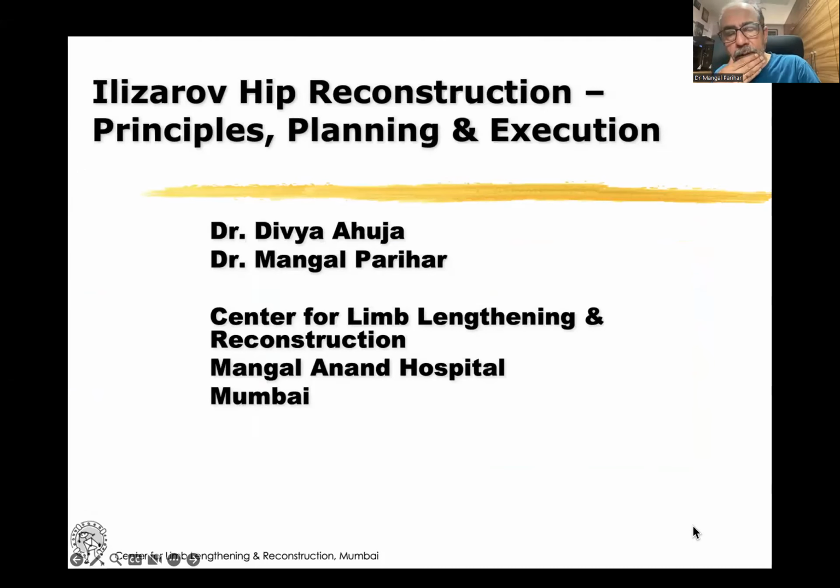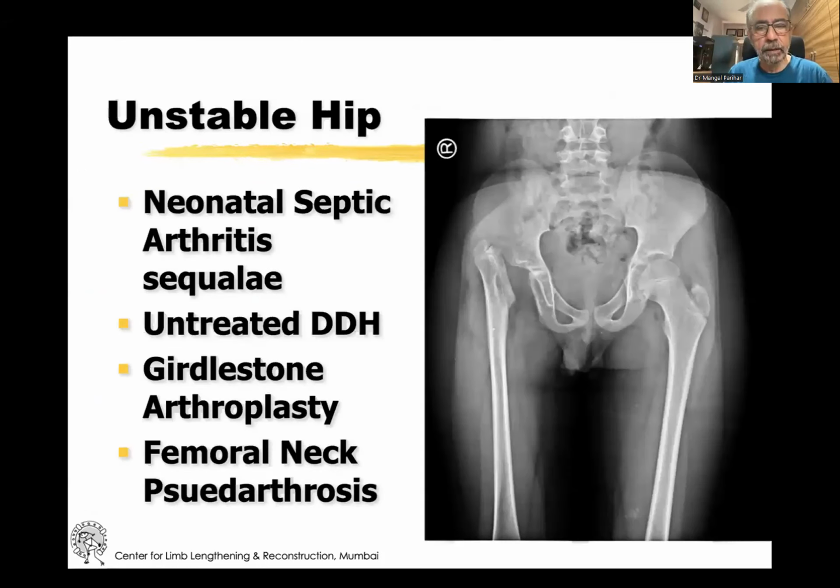Okay, so I'm going to talk mainly, I think the theory part about hip reconstruction, many of us know. I think one of the issues about analysis of hip reconstruction is how to do it, right?